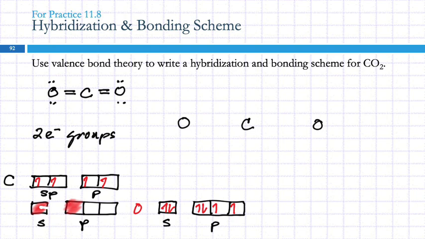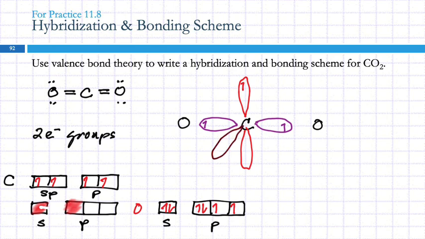And carbon has 2 sp orbitals that are half filled. And then it has 2 p orbitals that are half filled. There's 1. Make this one a little bit darker. And there's the other one. So that's representing these 4 boxes over here.